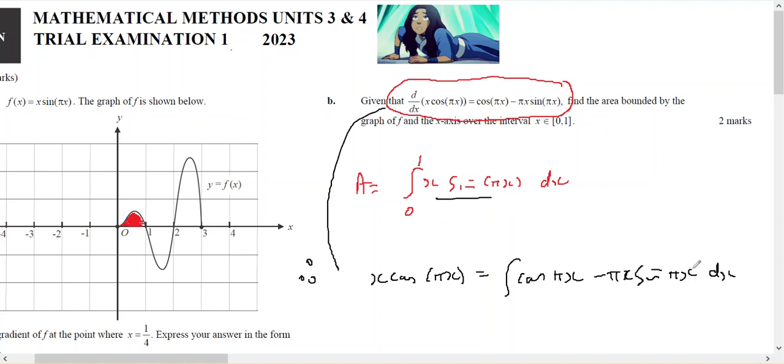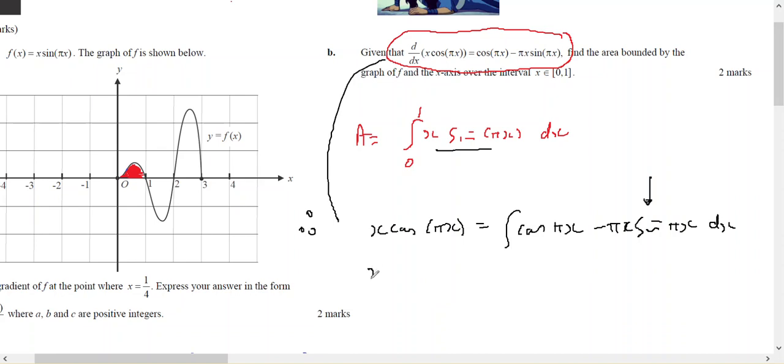And I can see part of that in there in the integration by recognition. So x cos of pi x equals the integral of the cos of pi x dx minus pi integral of x sine of pi x dx.